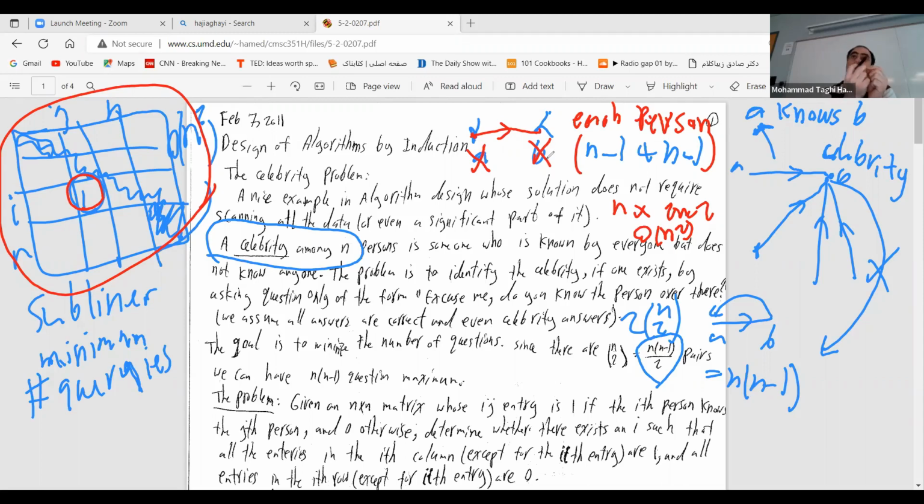If he says yes, it means that A is not a celebrity, because a celebrity, by definition, is the one that everyone knows, and this person does not know anyone else. And if A does not know B, it means that B is not a celebrity. Good. Now, it means that with one question, we can eliminate one of these guys.